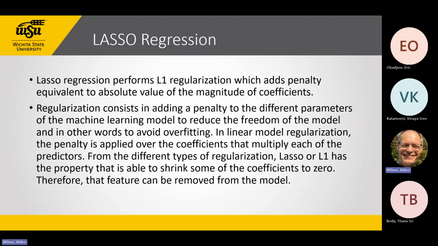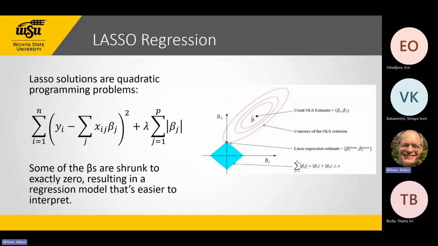So what we're going to see is we're going to add a penalty in there. We want to reduce the number of degrees of freedom of the model, and to do that, we need to pull features out of the model, right? So lasso will put this constraint up here, this region.